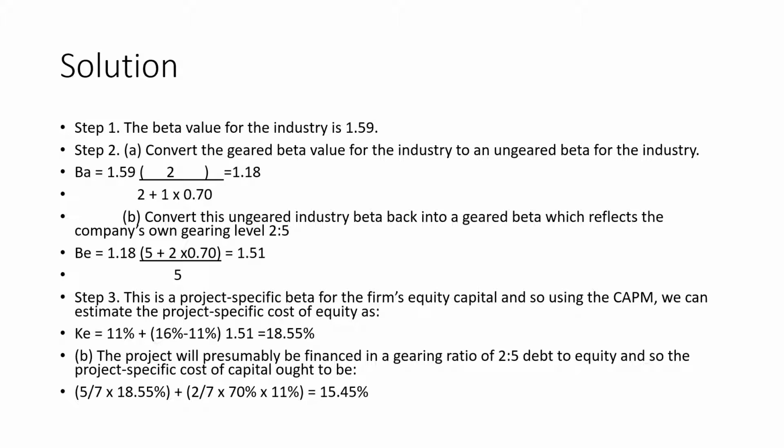equals 18.55%. The project will presumably be financed in a gearing ratio of 2:5 debt to equity, and so the project-specific cost of capital ought to be, for equity, 5 out of 7 multiply 18.55% plus debt 2 out of 7 multiply 70%, which is one minus tax, multiply 11%, which is debt, equals 15.45%.